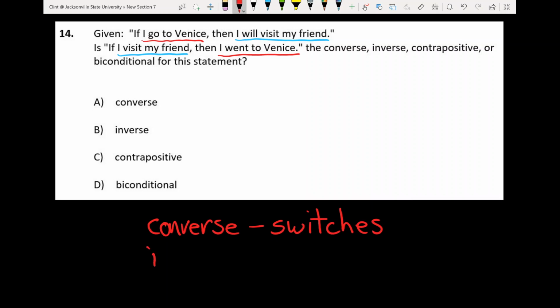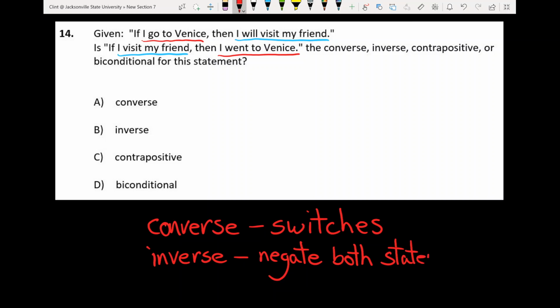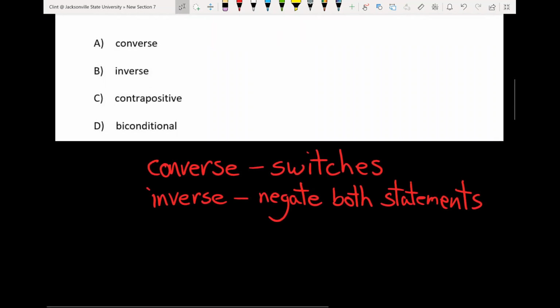The inverse, the way we end up with the inverse is if we negate both sides, or both statements. Okay. And then the contrapositive, we do both. So contrapositive, we put those two together and we switch them and negate them.